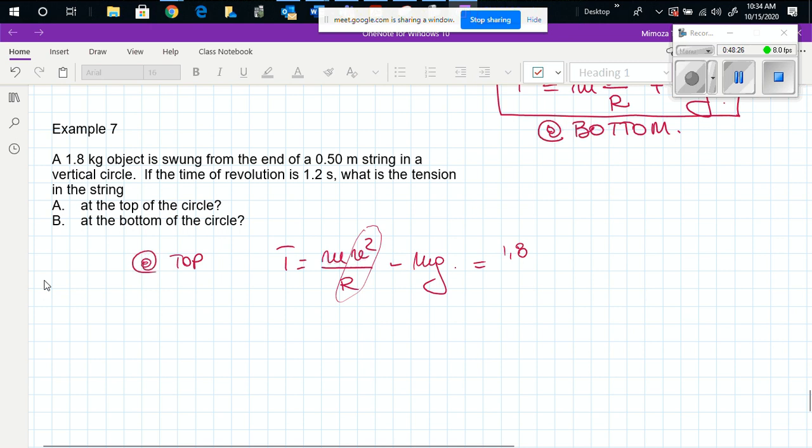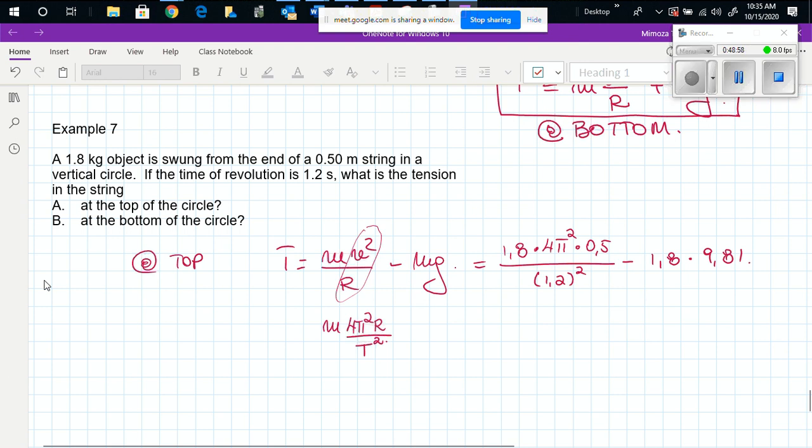You can use the other formula, so m 4 pi squared r over T squared. So this will be 1.8 times 4 pi squared times r, 0.5, over 1.2 squared, minus 1.8 times 9.81.